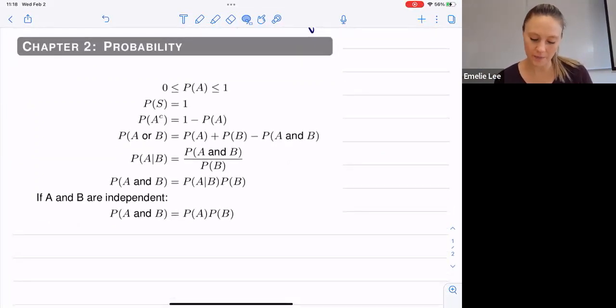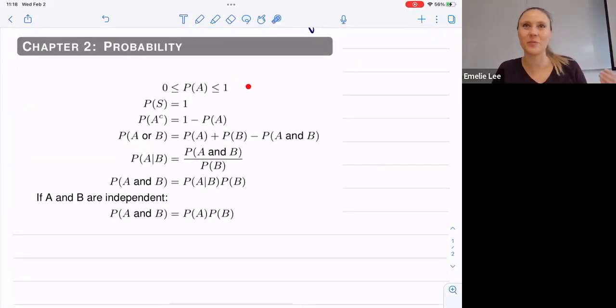Okay, so we talked about general probabilities: they have to be between 0 and 1. The probabilities of all possible outcomes have to add to 1. We talked about the complement of an event, that event not happening, and the probability is 1 minus the probability of it happening.